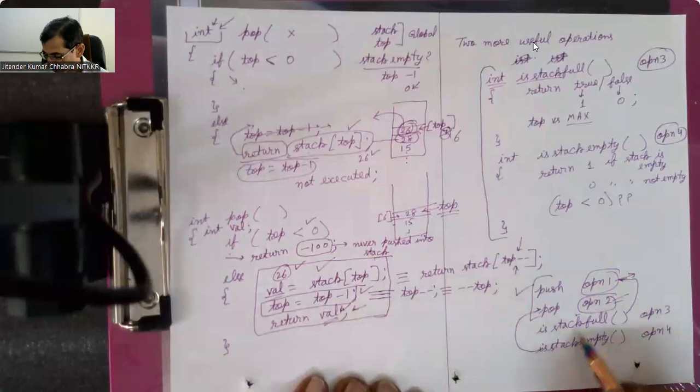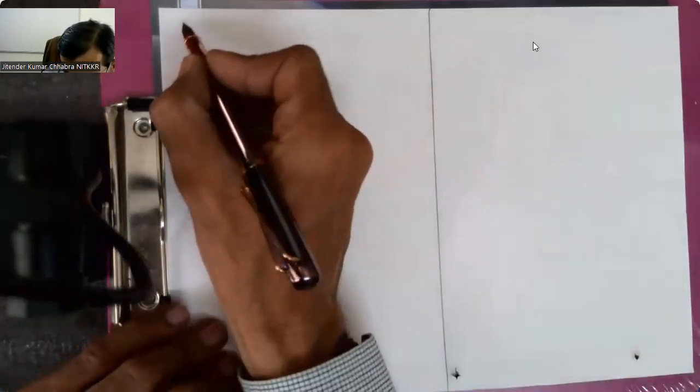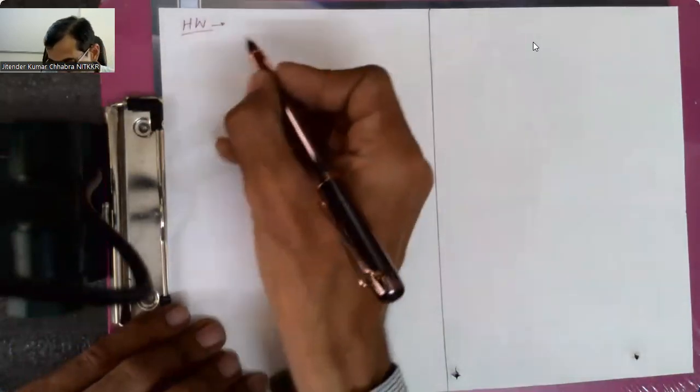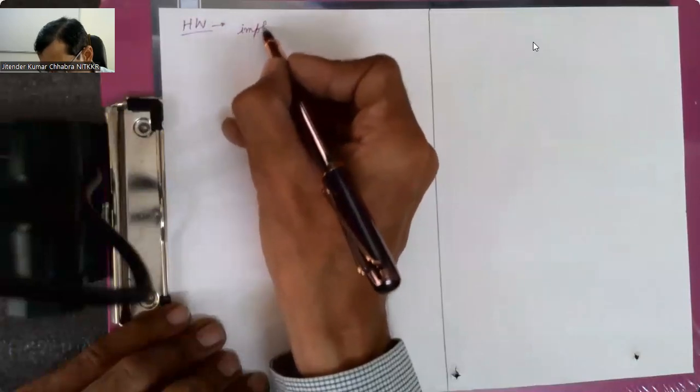If you write these as separate functions, you can do that, or the same way you have written, your choice. Having said that, now let's wind up. Now let's understand the homework. For the homework, I would like you to use main, and I have to implement stack and its operations.